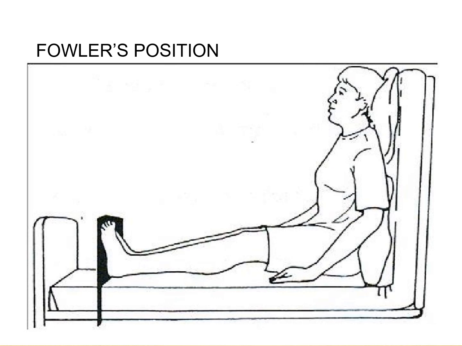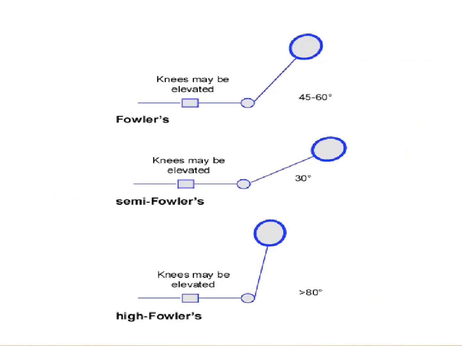This is also your Fowler's position, in which you use the pillows to support your body or your back. For this, you can see how the knees may be elevated considering Fowler's position from an angle of 45 to 60 degrees. For the semi-Fowler's, you consider 30 degrees, in which you could also see the degree of elevation of the head part with your knees slightly elevated.